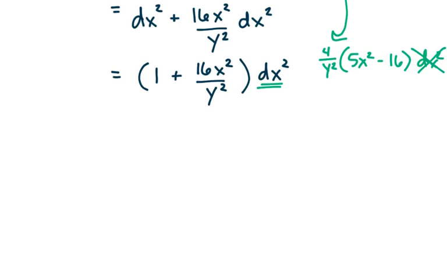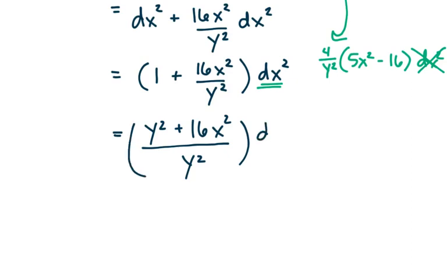So what I'm going to do is look at this. I'm going to try and add these together so that they're just one term. So 1 is essentially y squared over y squared. So I can write this as y squared plus 16x squared over y squared times dx squared.